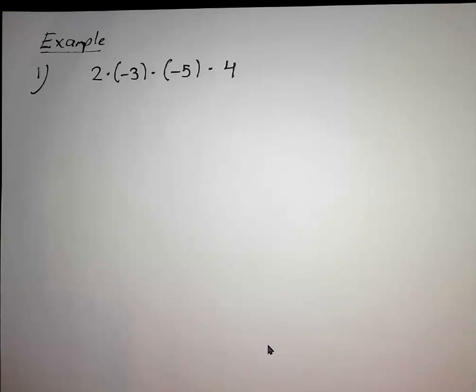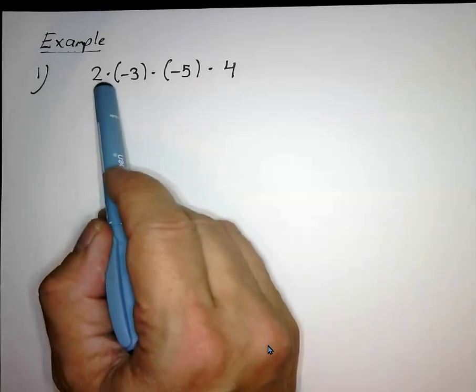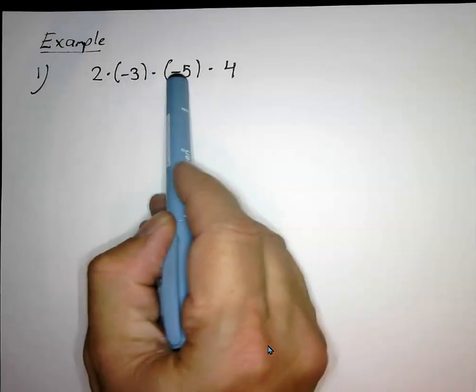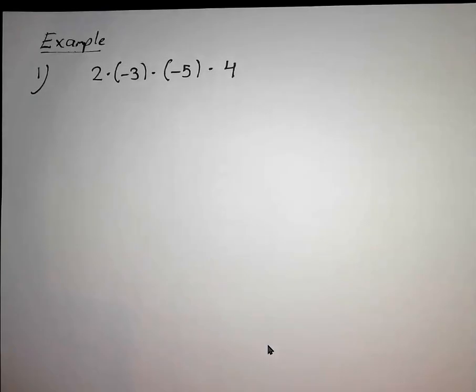You have 4 numbers here which will be multiplied together, and you only count how many minus signs you have here. You have only 2 minus signs, and the number of minus signs is the reason which gives the final sign.